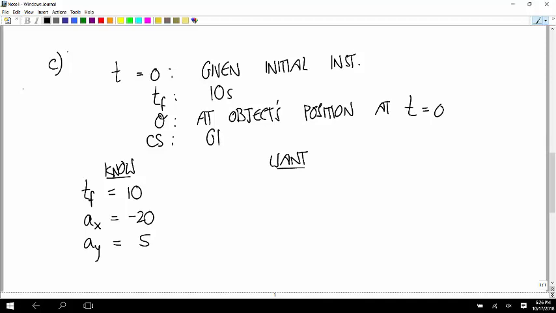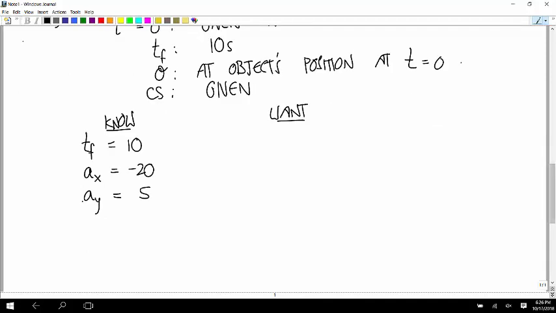That's another way of saying the initial position is 0, 0. So PIX is 0, PIY is 0.